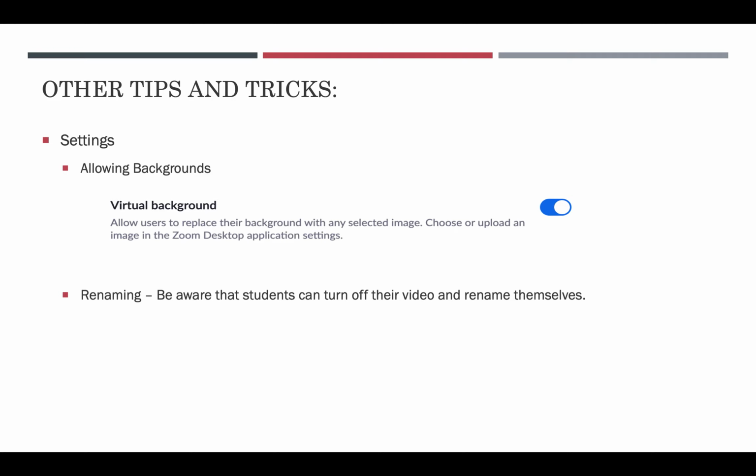One way around this is to ask your students to upload a picture of themselves. Once they upload a picture, when they turn that video off, you see their picture. So you at least know who they are, and they can't play games with you.